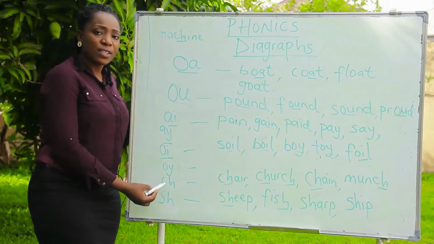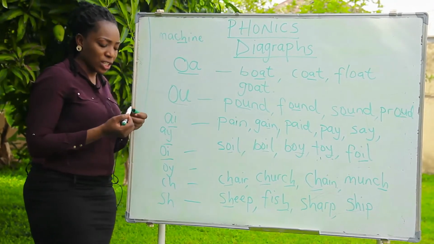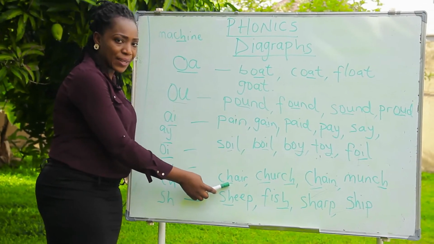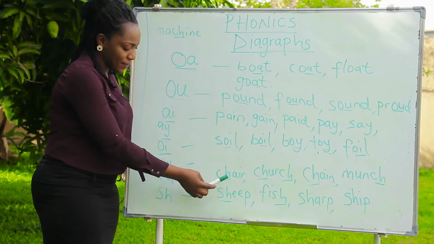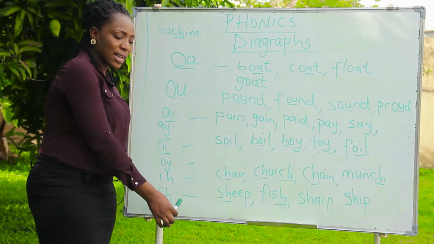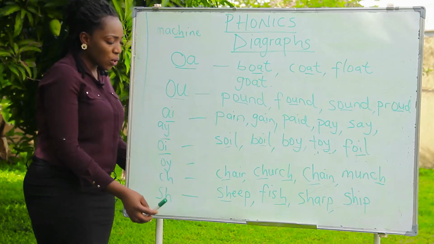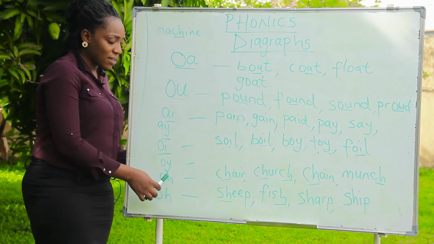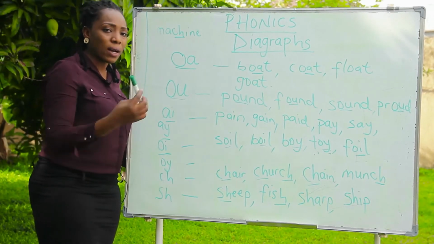Now this is ch. That sound here is called ch, as in chair. And this is sh. This sound is sh, as in sheep. Now I told you that this sound ch here doesn't apply in all cases.